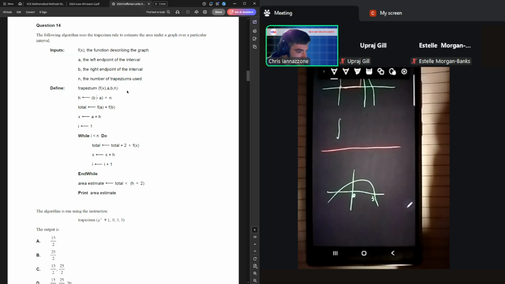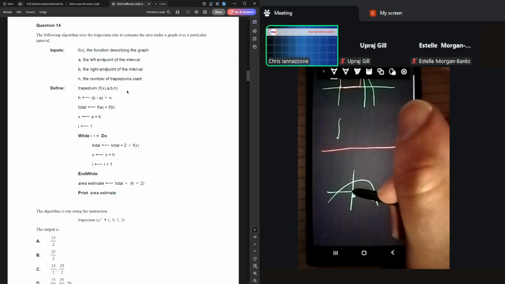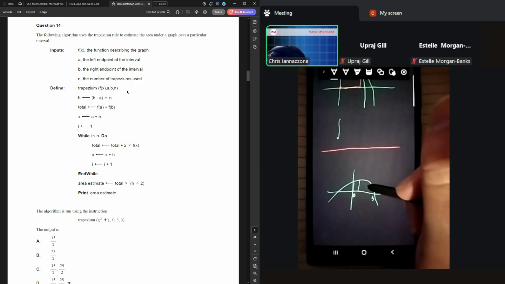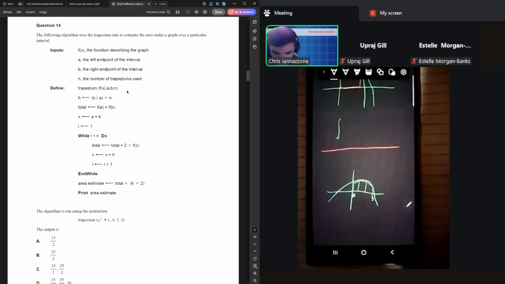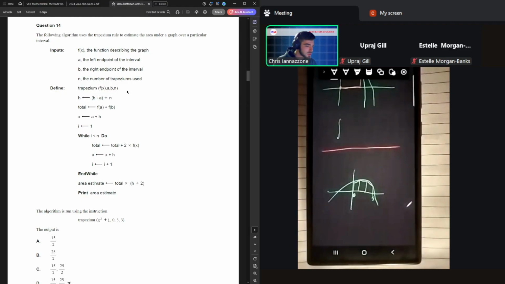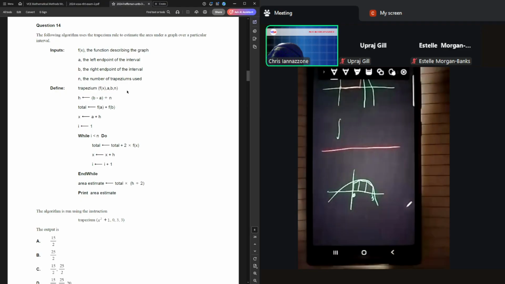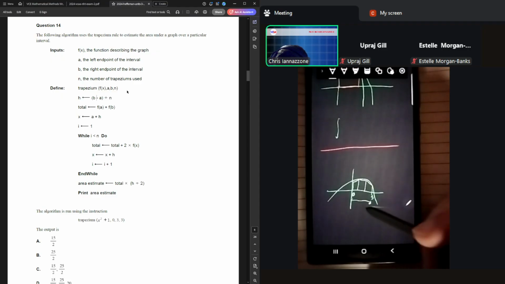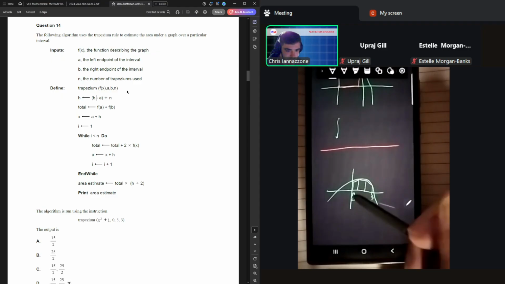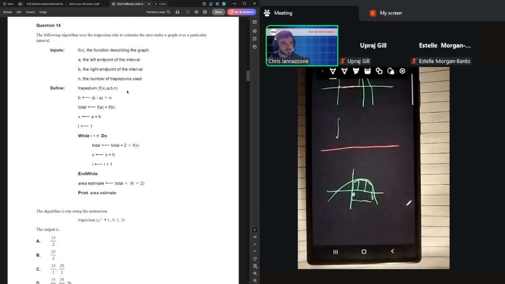We were told there are N equals 3 trapeziums. So you'd have 1, 2, and 3, something like that. And so H being B take A divided by N is just this distance divided by the number of trapeziums. That's going to get you the spacing of each of them.